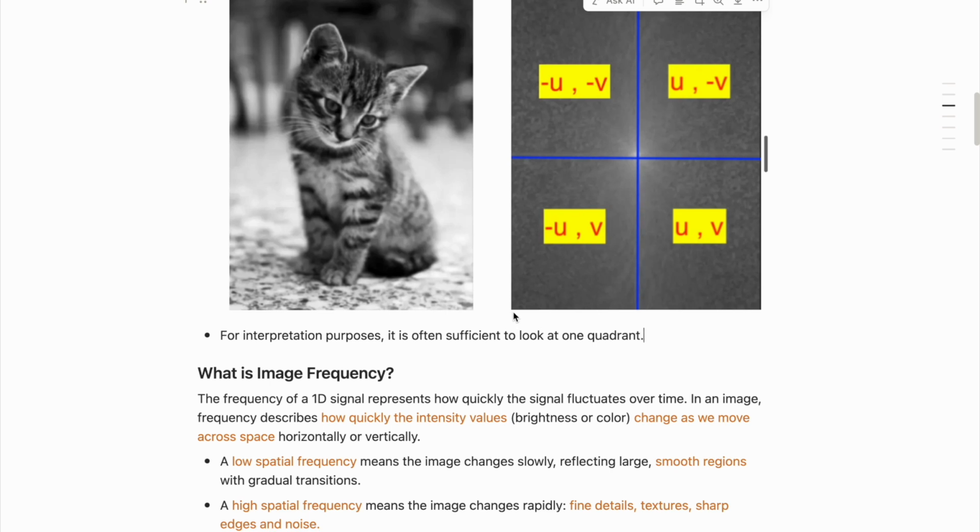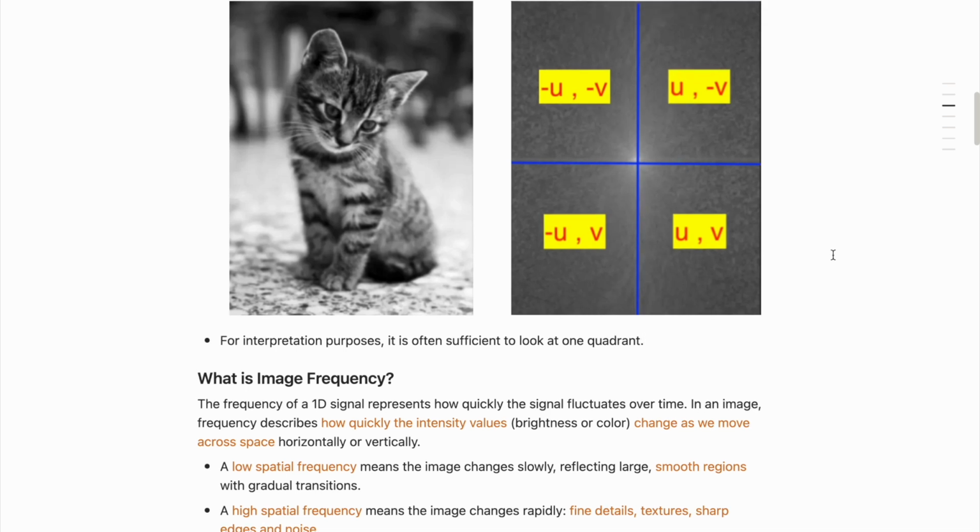Because we have two frequencies, one along the horizontal dimension, one along the vertical dimension, and we're trying to plot this on a 2D plot, the way we represent the magnitude at a particular UV frequency index is by the brightness of the magnitude spectrum at that point.